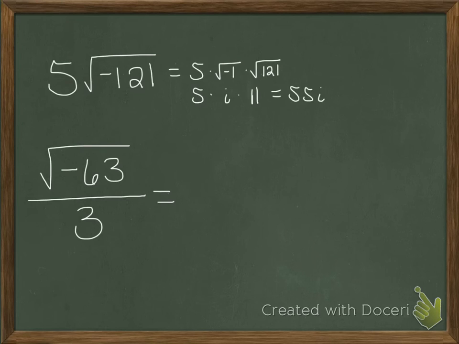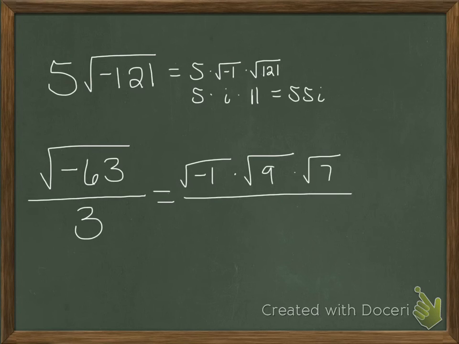Well, I know that it would be the same thing as the square root of negative 1 times the square root of 9 times the square root of 7, all of that being divided by 3. I know the square root of negative 1 is i, the square root of 9 is 3, and the square root of 7 is a nasty hairy decimal, so I'm going to leave that as the square root of 7, all of that being divided by 3.